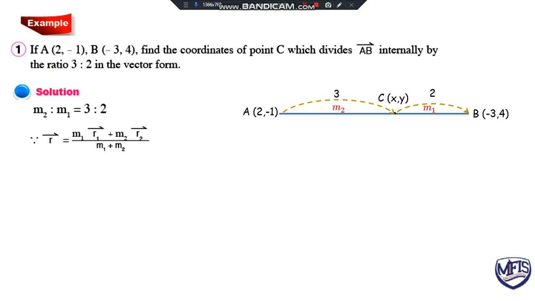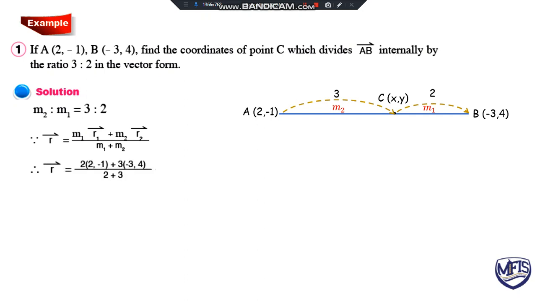It will be a positive quantity, more than 0, because C divides AB internally. So we have the rule in vector form: to find C, R equals M1 R1 plus M2 R2 over M1 plus M2.